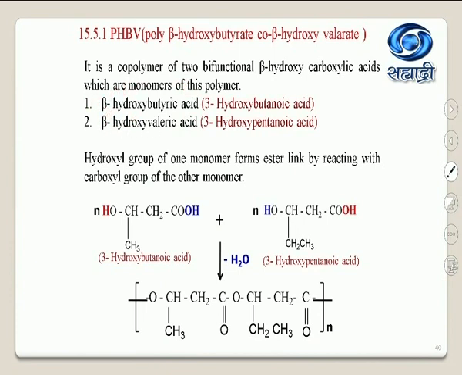Another monomer is also a carboxylic acid containing one OH group on the third carbon atom from the carboxylic carbon, and therefore the IUPAC name of this compound is 3-hydroxypentanoic acid. Why is it pentanoic acid? Because there are a total of 5 carbon atoms in the longest chain and one hydroxy group on the third carbon atom. Therefore it is 3-hydroxypentanoic acid, whose common name is beta-hydroxyvaleric acid.